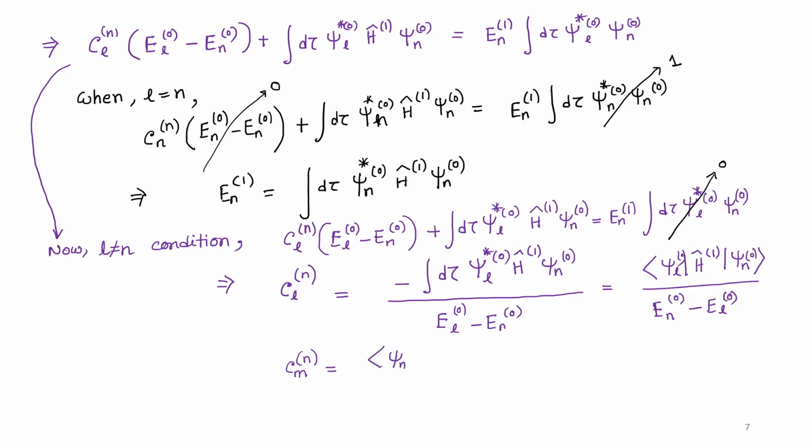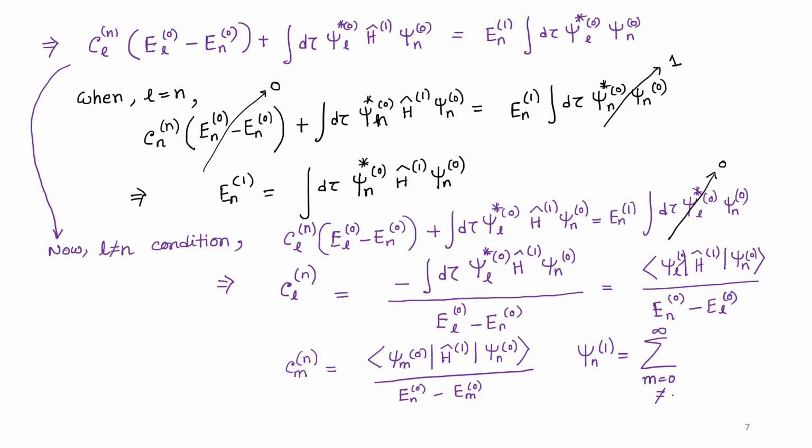Summation of ψm⁰ H1 ψn⁰. So we need to appropriately use m0 there, right? And your ψn1 will be the summation where m goes from 0 to infinity.